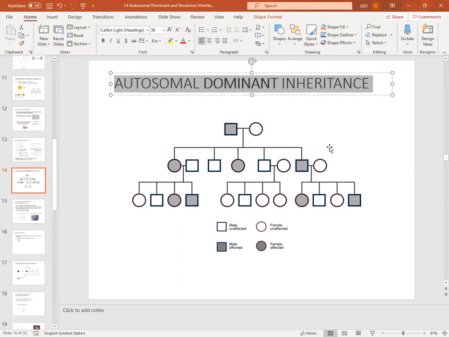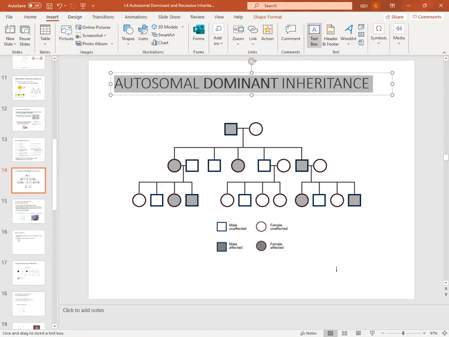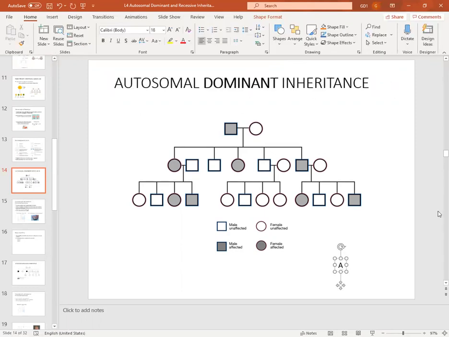Because with recessive, the parents may not express the disease because they are carriers. Maybe they are, we can check it later, but maybe they are A and A. So in this case they do not express any disease, but their offspring will produce small a and small a.